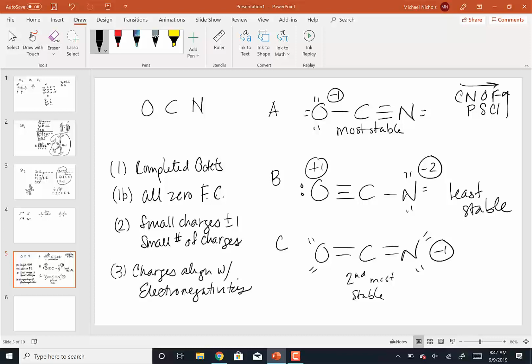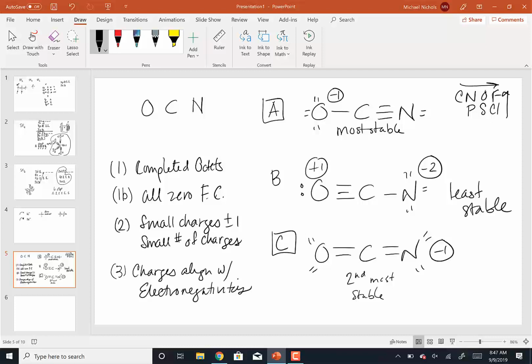So how do I write the resonance hybrid? Number one, I'm going to average bonds and charges. That's number one and number two. So how am I going to average the charges? Well, let's just take into account A and C for this. So I'm just going to average A and C since they're going to contribute the most.